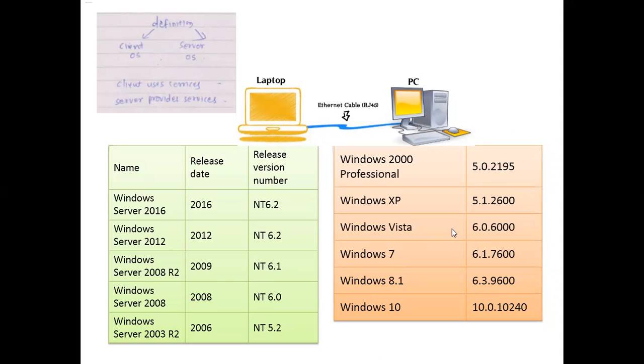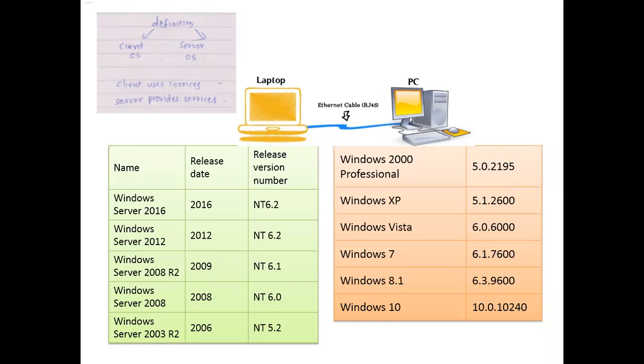So have you understood the basic difference between client and server, and client OS and server OS? A client uses services on the network, whereas a server provides services on the network. What type of services? Hardware resource sharing, like printer sharing, and software resource sharing, like folder sharing, or a license of any software that can be shared.